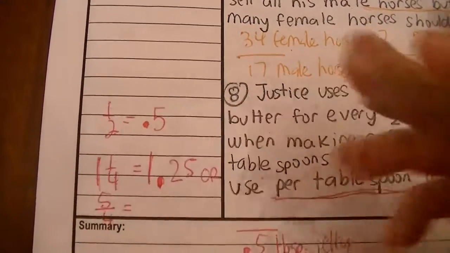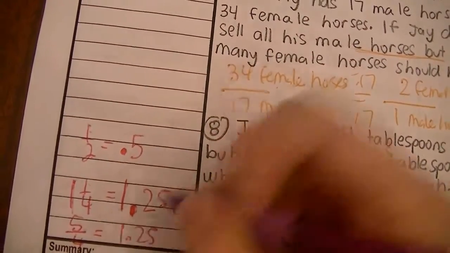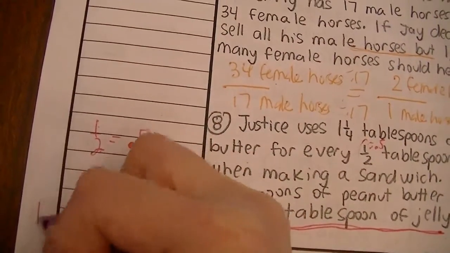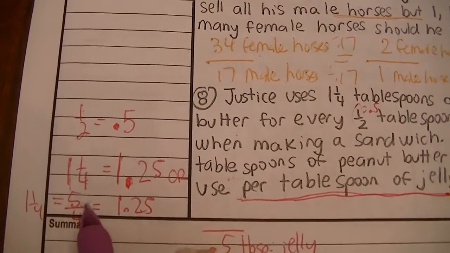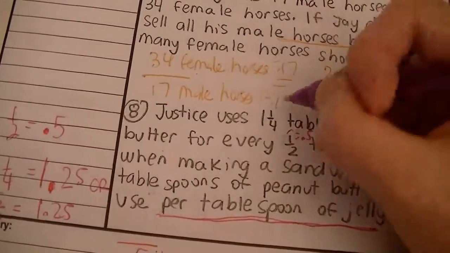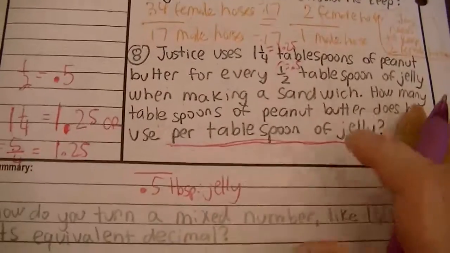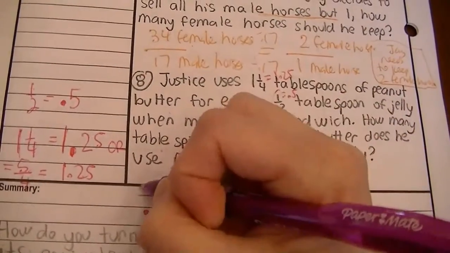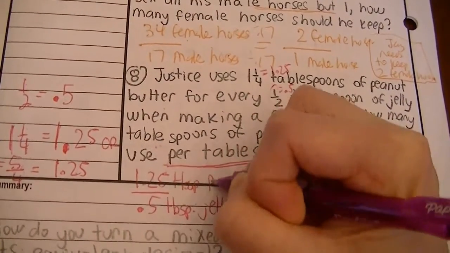And I can go 5 divided by 4 and get the same thing, 1 25/100ths. Okay, because 5/4 is also equal to 1 1/4, okay? So all these numbers are interchangeable. So if you're like, I like this one the best, then you can cross that off and put 5/4 if you want. I don't care, it'll work. Okay, so 1 25/100ths tablespoons peanut butter.